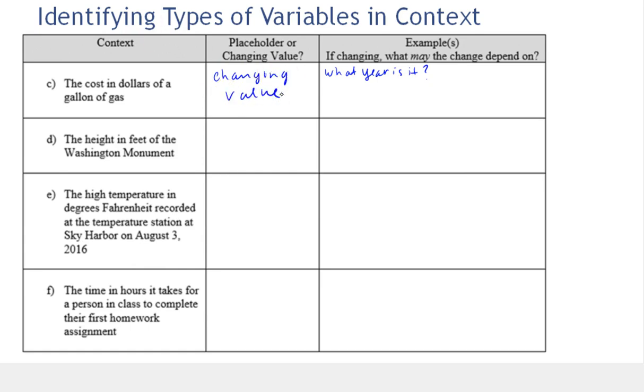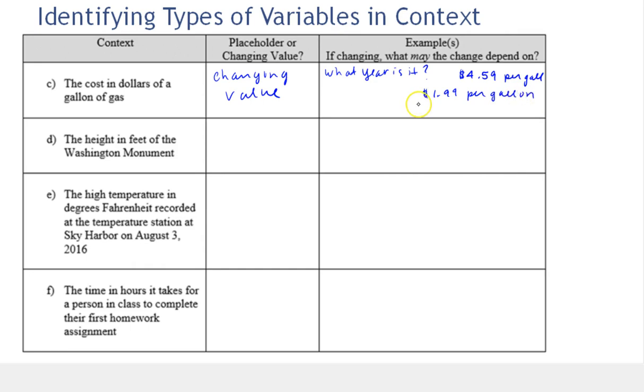It could depend on many different things, and since I chose what year is it, I'm going to put a few values. How about $4.59? I'm going to put per gal for per gallon, so make sure you put your units. Right now it's about $1.99 per gallon.